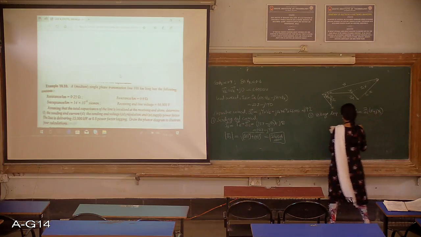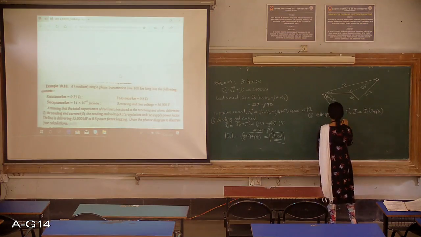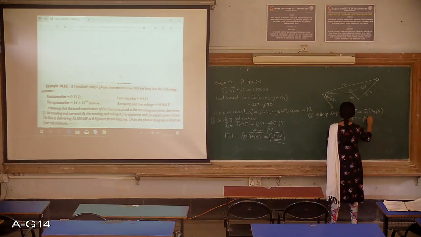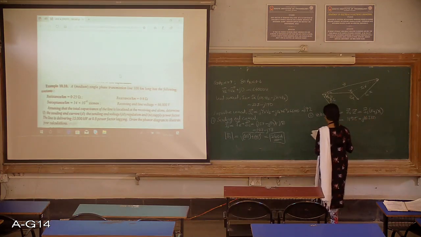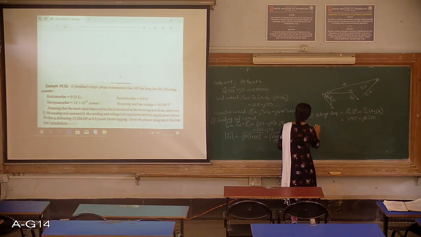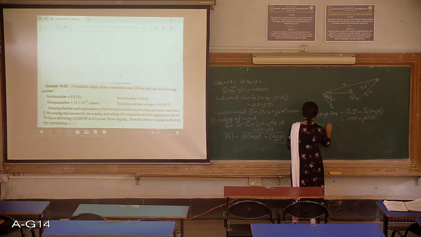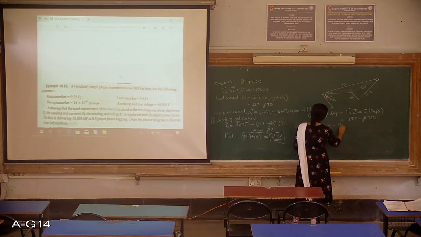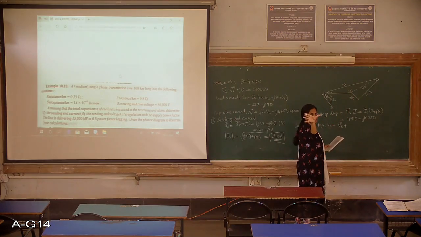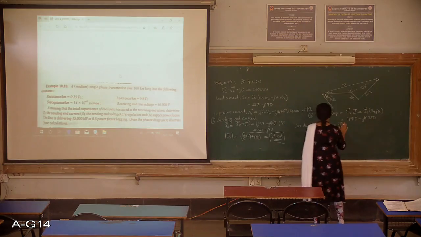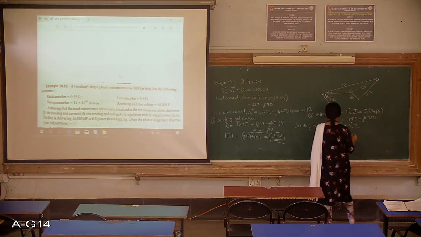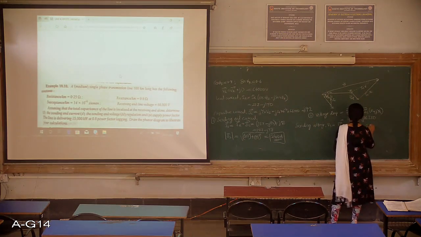When you substitute, you get the answer as 11,915 plus J16,210. So sending end voltage VS is VR, the receiving end voltage, plus the drop in that RL circuit. So VR plus IS into Z.